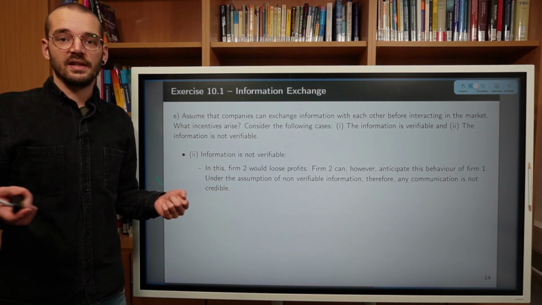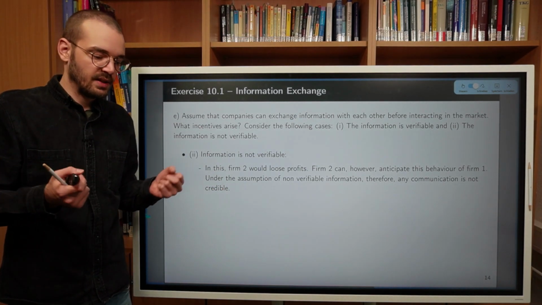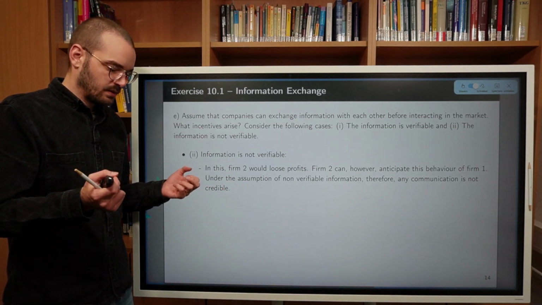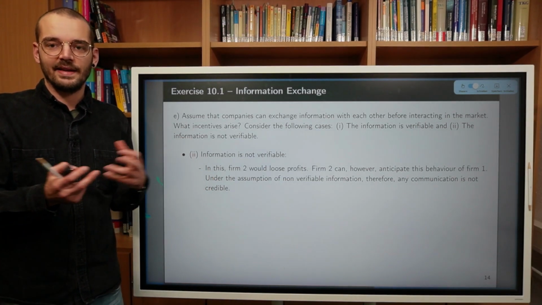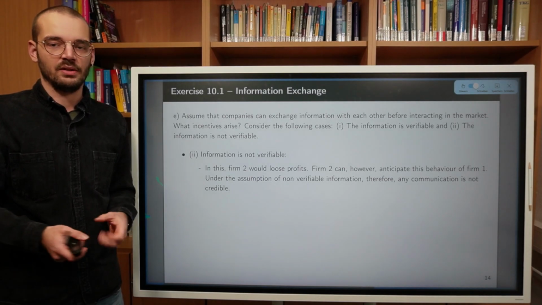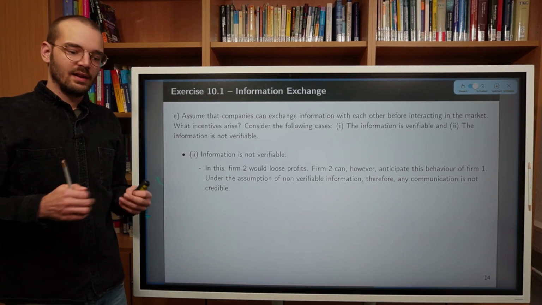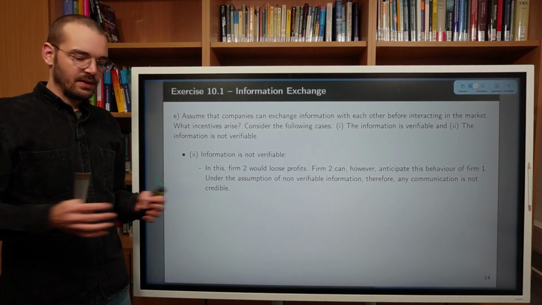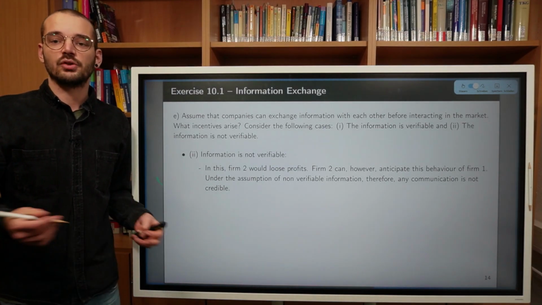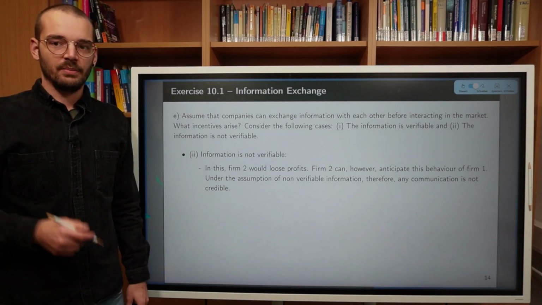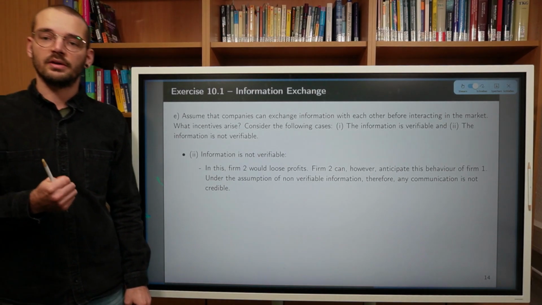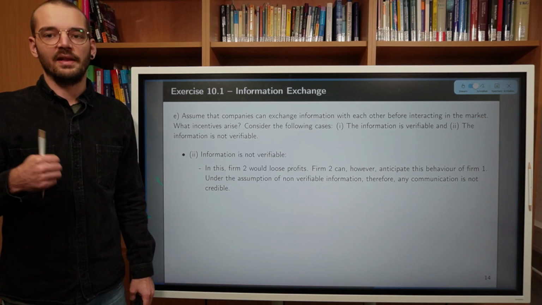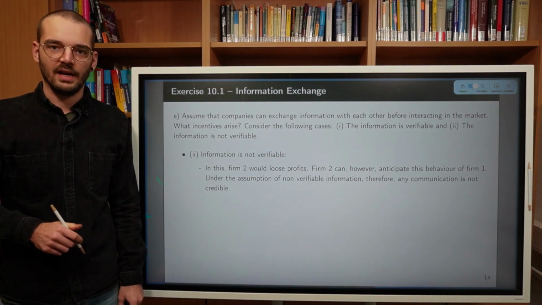Firm 2 knows this, so they will know that firm 1 will always claim to have high costs, so this claim does not bear any information, so it does not change the anticipated probability of the actual cost of firm 1 in any way, but rather firm 2 will still assume that firm 1 has low costs with a probability of 0.5 and the same probability for actually having high costs.